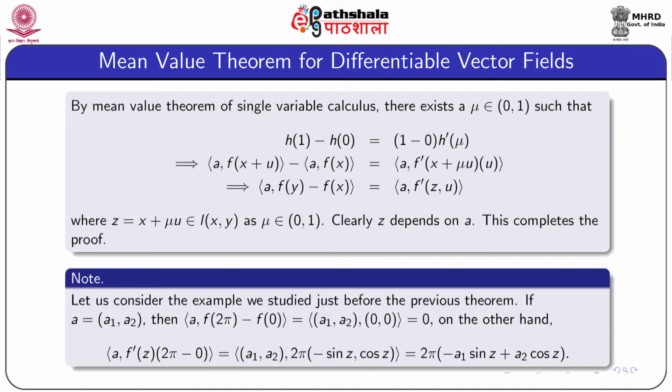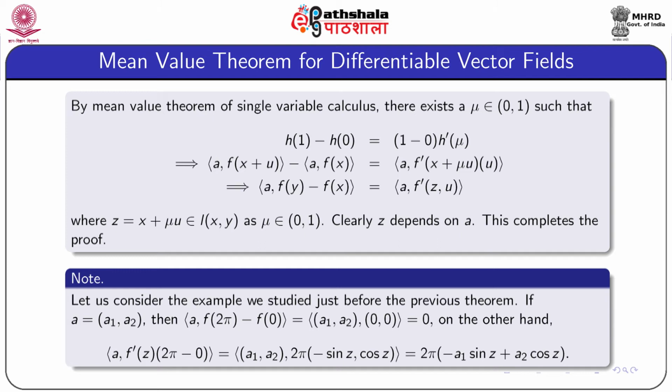So, this is the inner product of a with F(y) minus F(x) equals the inner product of a with F'(z) u, where z equals x plus mu u, and that is lying on the line segment joining x and y, as mu is selected from 0 to 1. Clearly, z depends on a. So, this completes the proof.